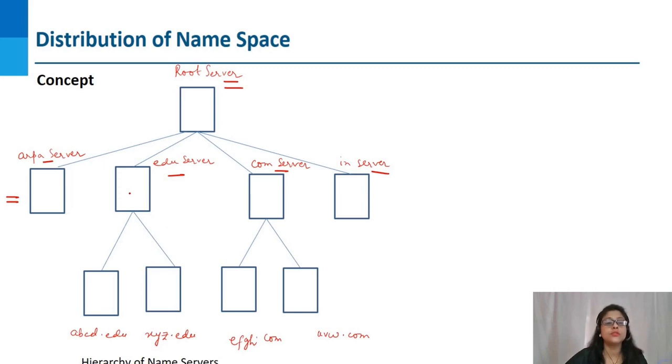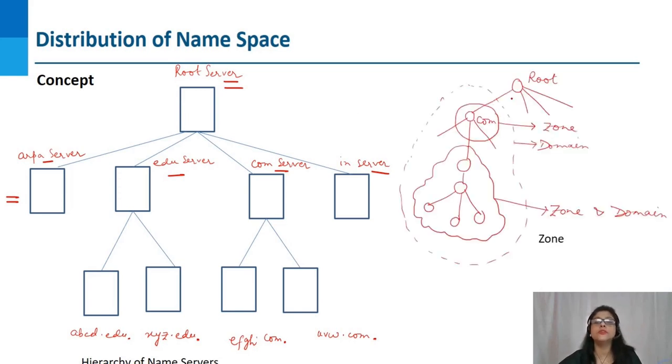Again, from this edu server, we can have two child nodes, named abcd.edu and xyz.edu. These two are under com server, so they will be named efgh.com and uvw.com. So this is the hierarchy of name servers.